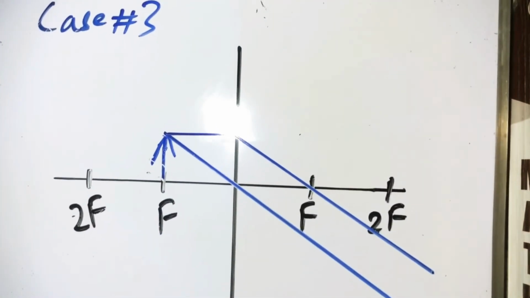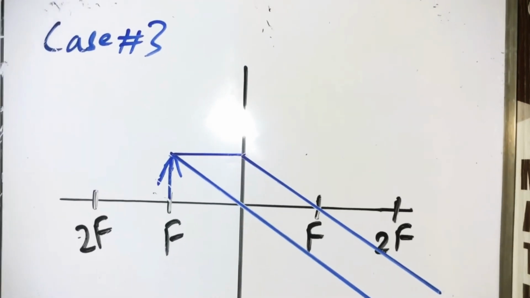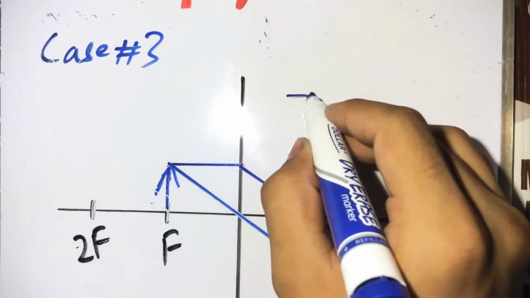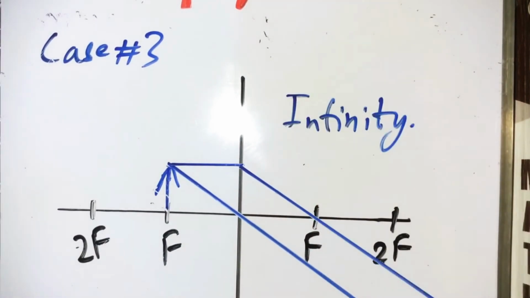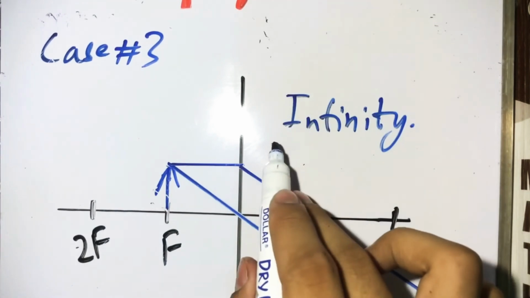Now these two rays are parallel to each other. Therefore, it is believed that they will meet at infinity and the image will be formed at infinity.